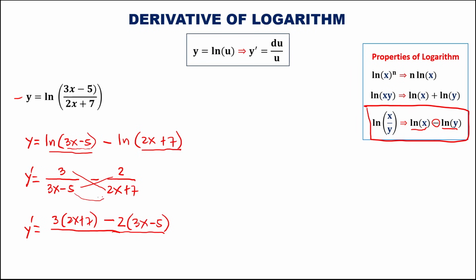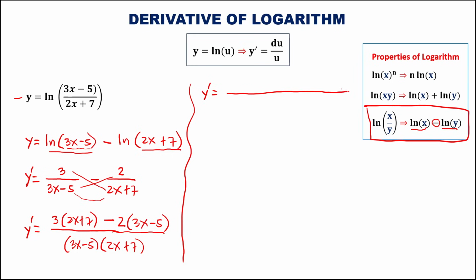Then multiply these two denominators, so (3x minus 5) times (2x plus 7). Then we need to simplify. So y prime equals: 3 times 2x is 6x, and 3 times 7 is positive 21. Then for this, negative 2 times 3 is negative 6x, and negative 2 times negative 5 is positive 10.